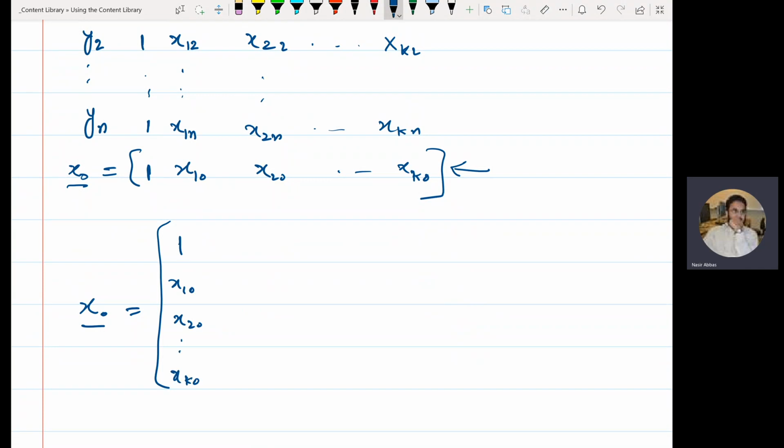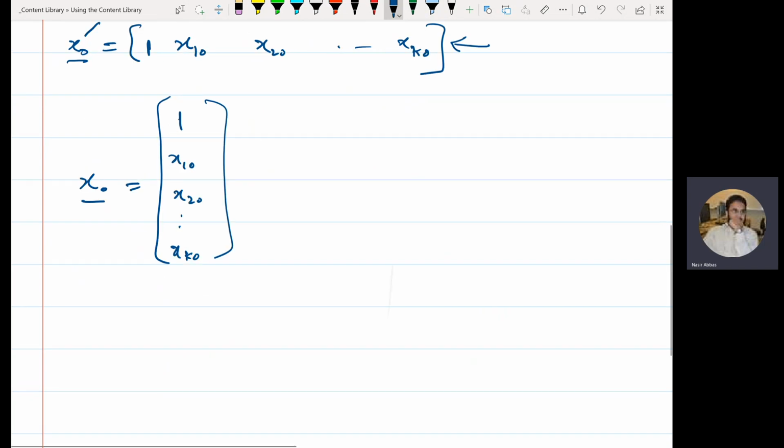But when we plug into the equation, we plug in X naught prime, because in the equation we have to put the row, the transpose of this vector, so that we are consistent with the general notation of matrices. The column vector is denoted by the original notation and the row is denoted by the transpose of the column vector.